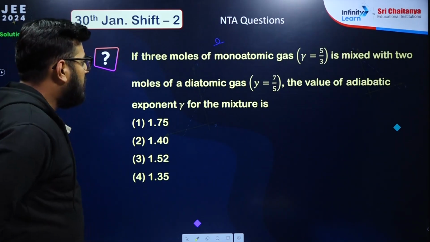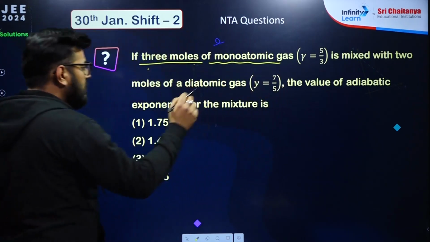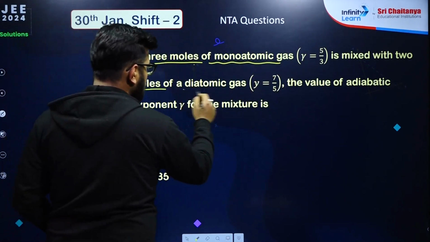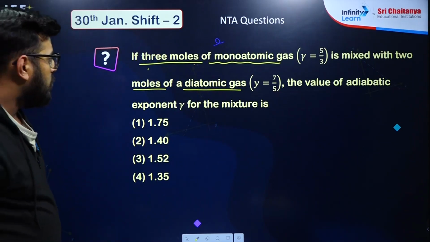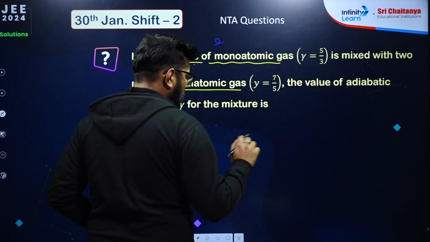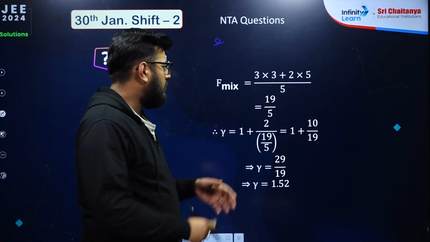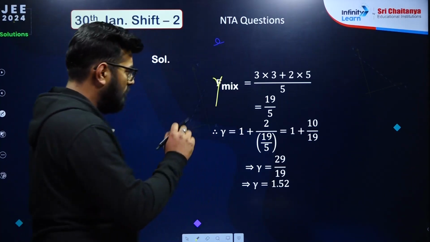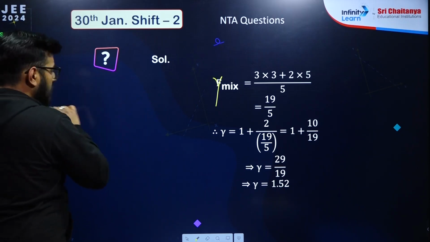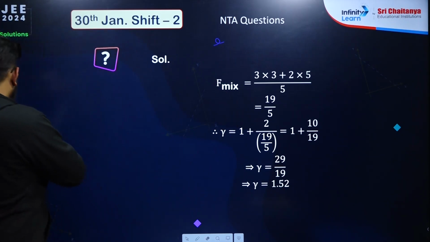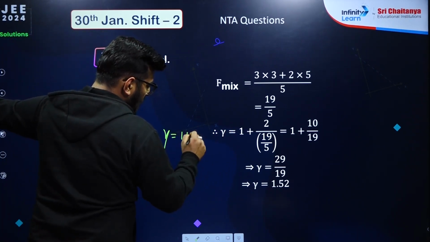Now moving ahead: if 3 moles of monatomic gas are mixed with 2 moles of a diatomic gas, what is the value of the adiabatic constant gamma for the mixture? It's simple. You calculate the degree of freedom of the mixture, and then gamma is simply 1 plus 2 by f.